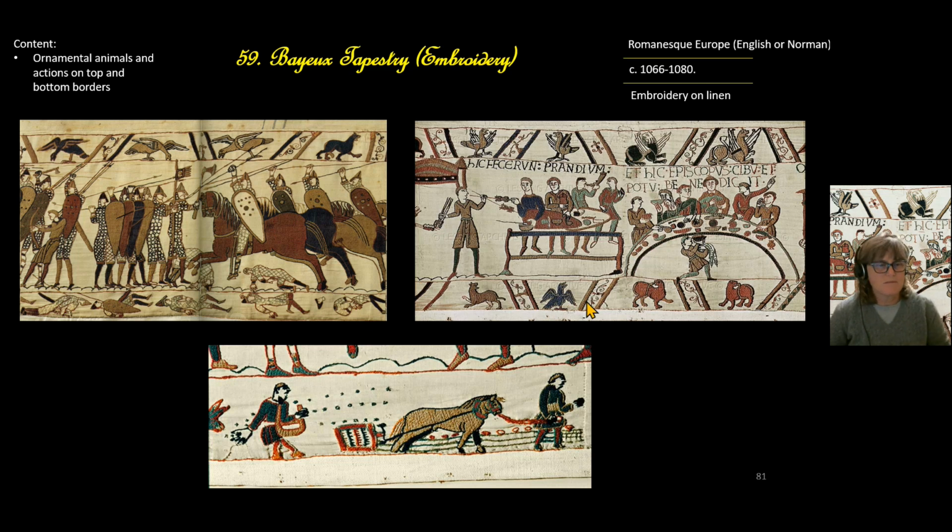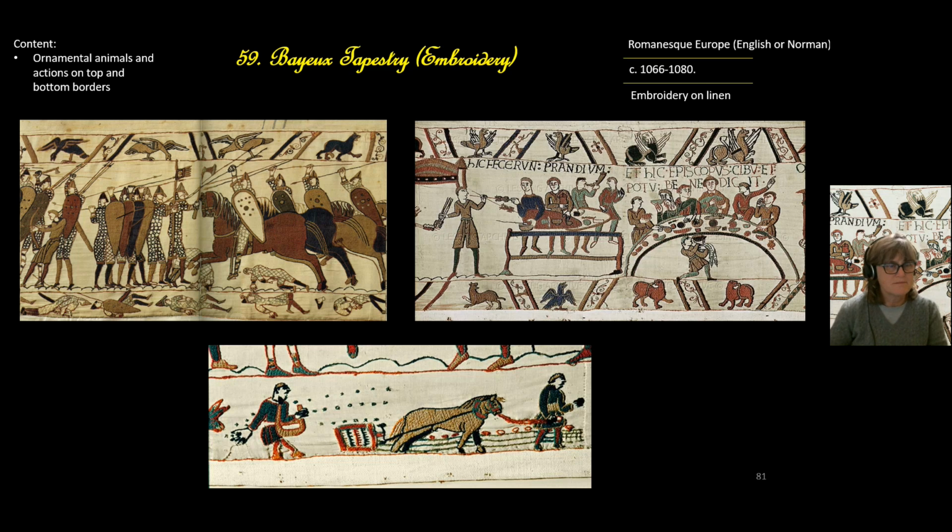The borders, sometimes they can be related to what's happening in the main scene, but down here is an example of a border. It's about farmers in England, and they're just planting their crops, plowing the fields.